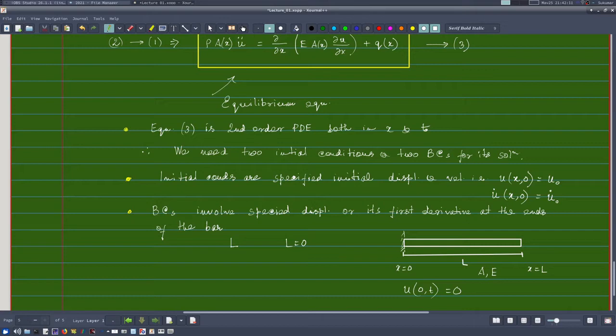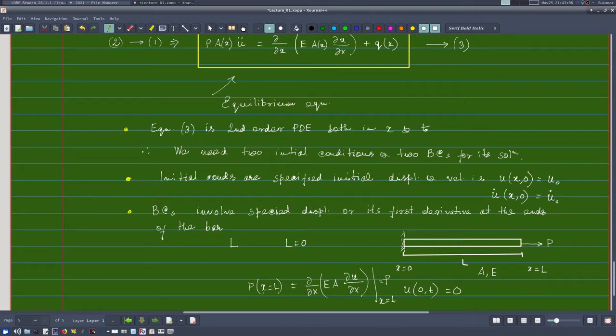And then if I have a force here, say P, a tensile force, then I can express P at x equal to L as E into A into del U del x at x equal to L. That is my P. So I can either specify displacement or the derivative of displacement in terms of the force.